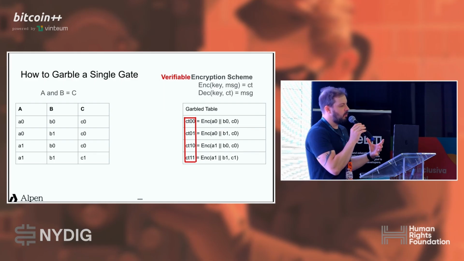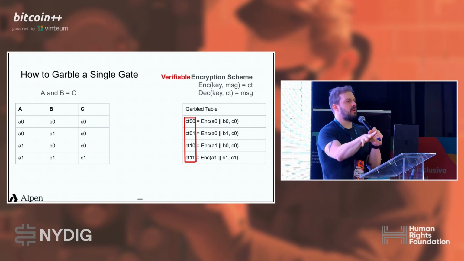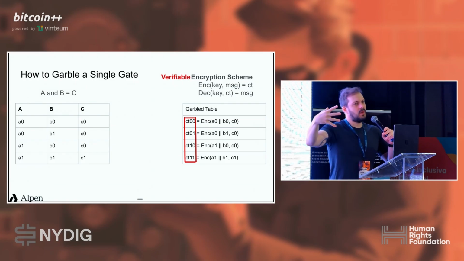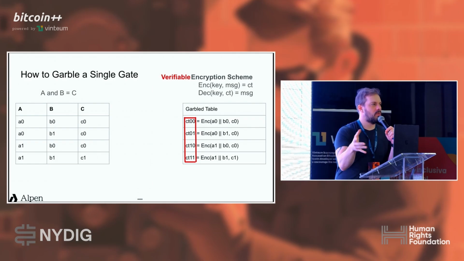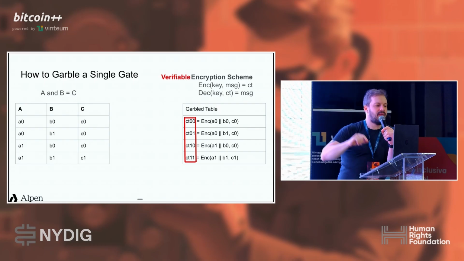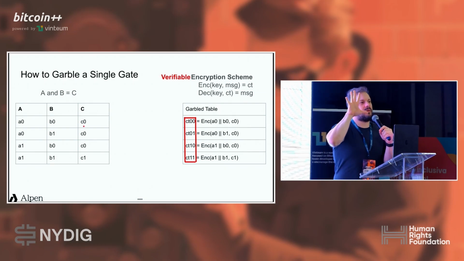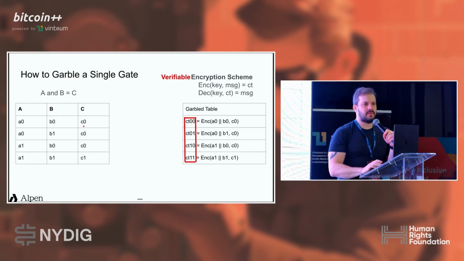Now, once someone is ready to run the garbled circuit, you just show this label on-chain, you feed it to the gate, and then you get the correct output. So that's how a single garbling gate, a binary gate, works.